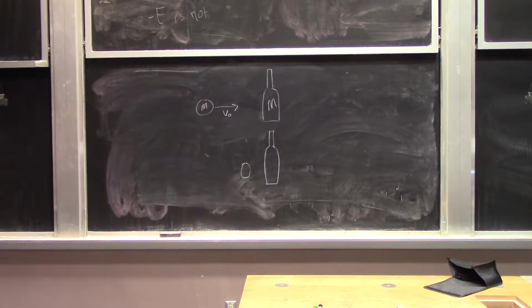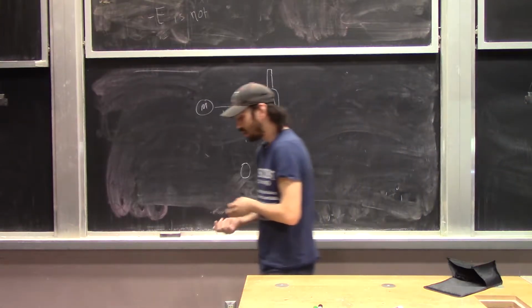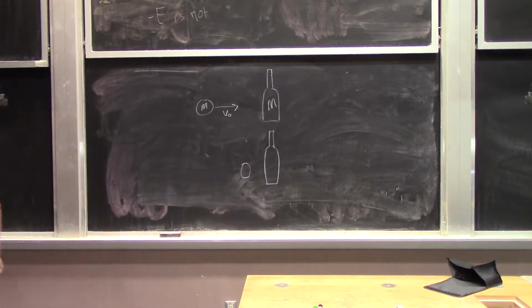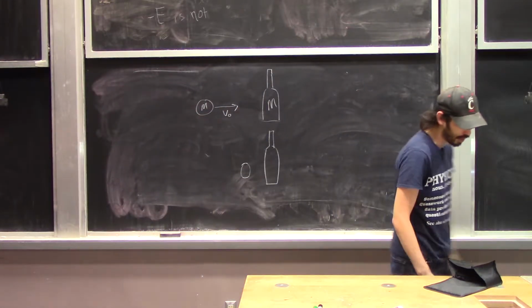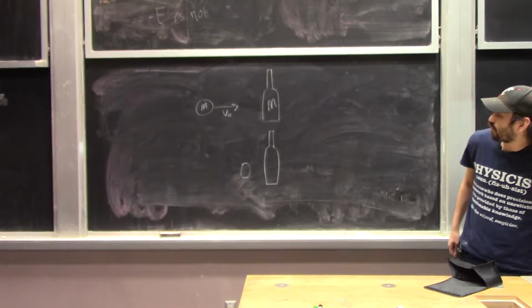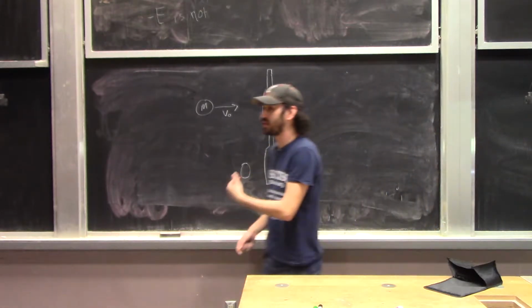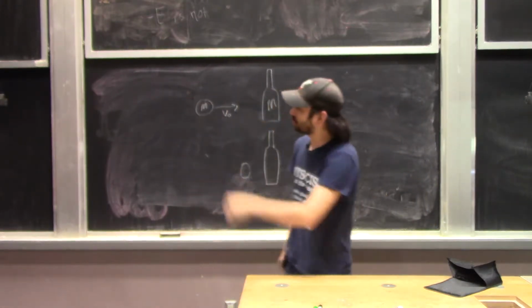Okay, so let's go ahead and talk about this one. I have drawn here the initial state, before the ball hits the bottle, and the final state I haven't quite drawn in yet because we want to look at what the problem's telling us.